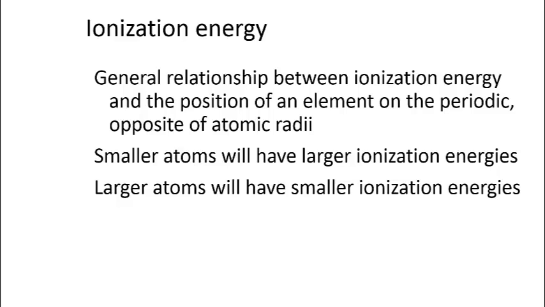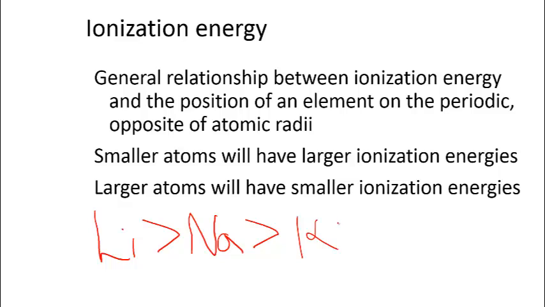And in fact, if we were to rank the alkali metals, group 1A, in terms of ionization energy, lithium would have the largest ionization energy amongst the alkali metals. Next would be sodium, followed by potassium, rubidium, and cesium.